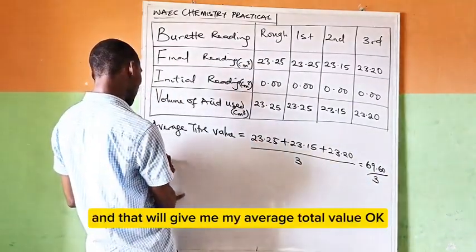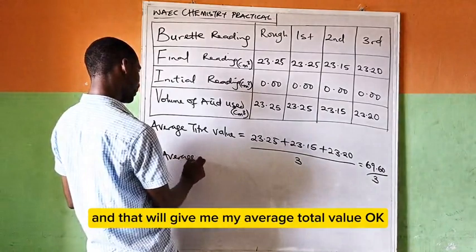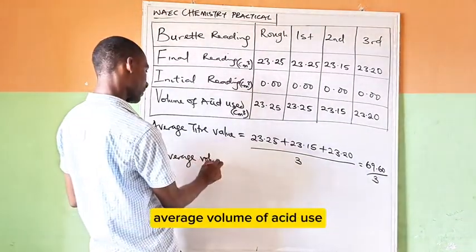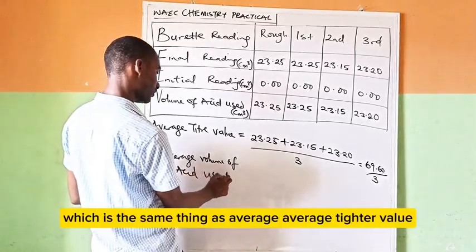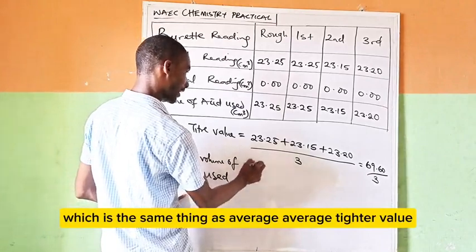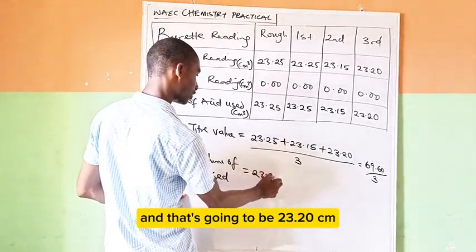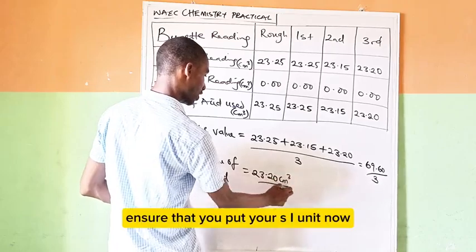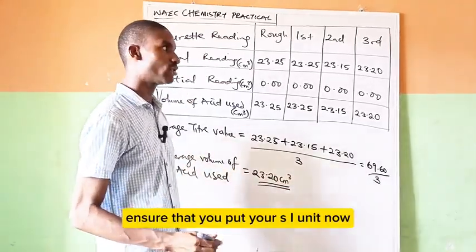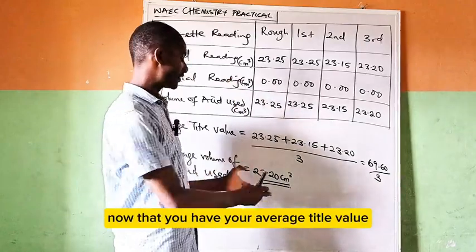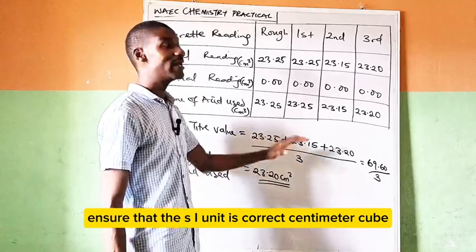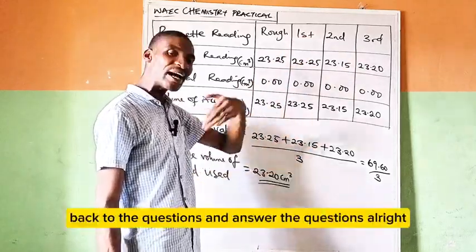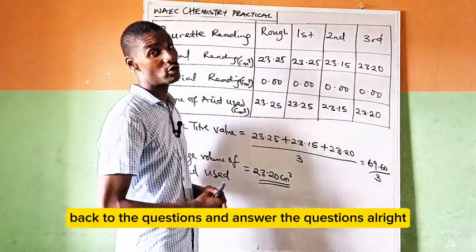And that will give me my average titer value. The average volume of acid used, which is the same thing as average titer value, is 23.20 cm cube. Ensure that you put your SI unit. Now that you have your average titer value, ensure that the SI unit is correct, centimeter cube. Then you can go with this back to the questions and answer the questions.